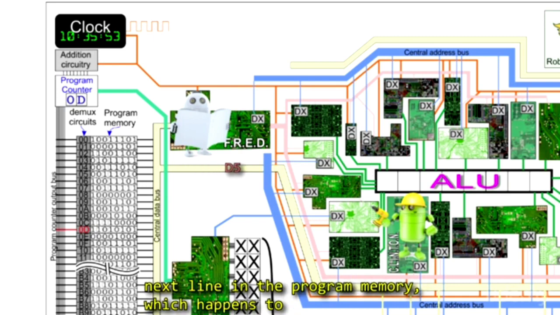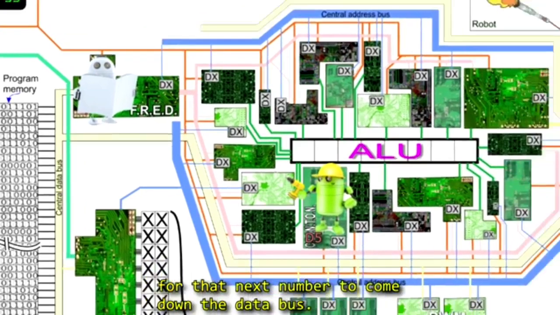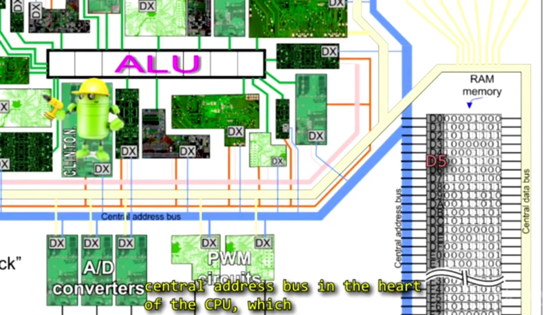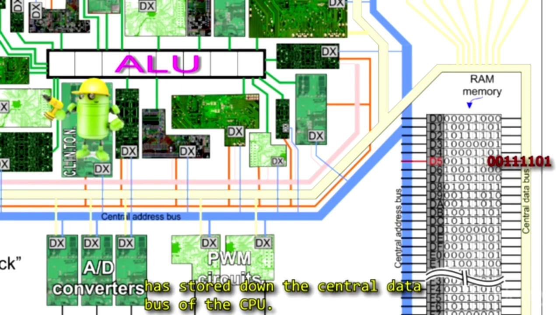Clinton's job is to get the next line in the program memory, which happens to be the address for a memory location. Clinton waits for that next number to come down the data bus. His circuitry grabs that number and drops it straight onto the central address bus in the heart of the CPU, which triggers a memory location to send the number it has stored down the central data bus of the CPU.